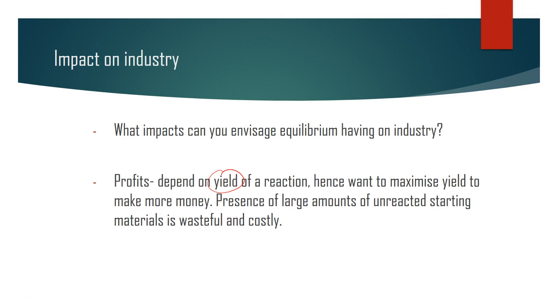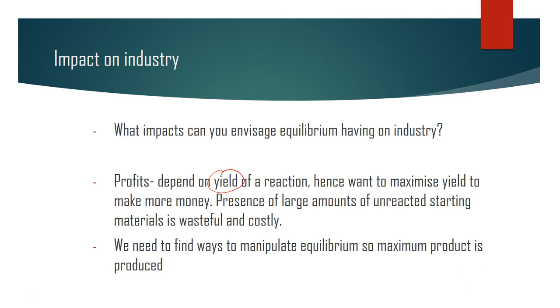We've seen yield before when we did stoichiometry. If we have a low yield, we're going to have a large amount of unreacted starting materials lurking around. It's going to make it harder to purify, that would be a waste, and it's going to make it costly for industry. So equilibrium is a really big consideration for industry and manufacture.